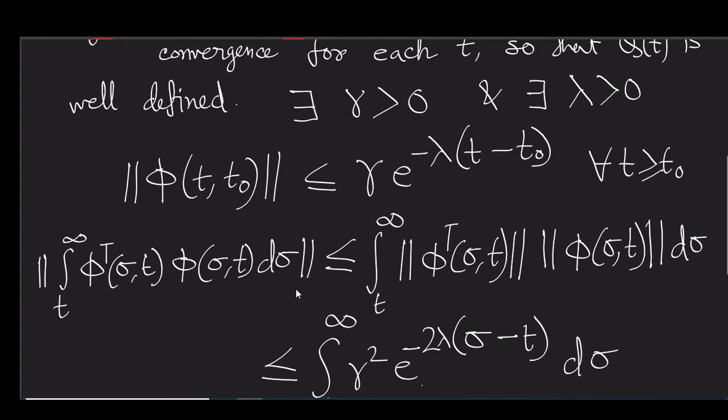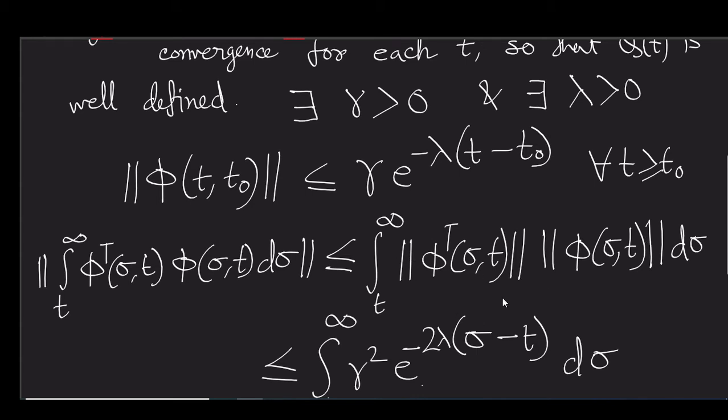And that is less than or equal to, applying the property of norm, that norm of A B is less than or equal to norm A into norm B. And remember, norm always returns a positive real number, so there is no scope of confusion about how they will conform in the multiplication.